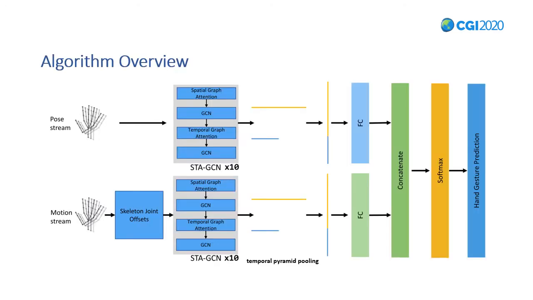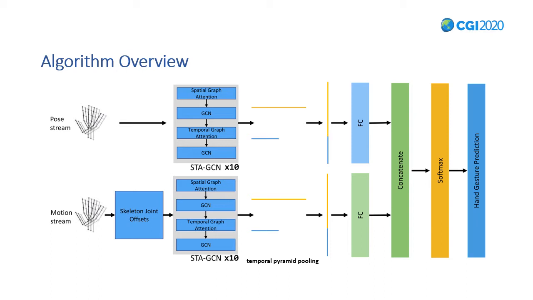Now it comes to our algorithm detail. We adopted two-stream architecture for skeleton-based hand gesture recognition, which uses pose stream and motion stream as input. For both streams, we use the same network structure. We first initialized the skeleton graph.